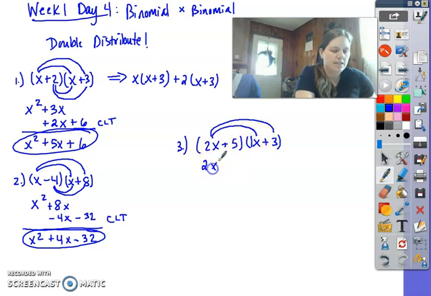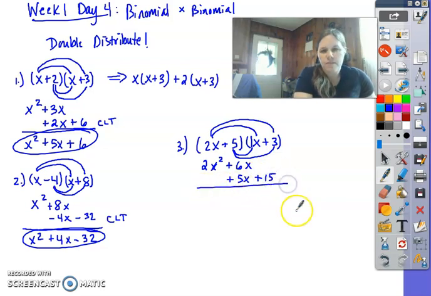X times x, x squared. So 2x times x is simply 2x squared. And then 2x times 3, 6x. Double distribute that 5, so 5 times 1x is 5x, and 5 times 3 is 15. And then you get to do that CLT, combine like terms. 2x squared plus 11x plus 15.